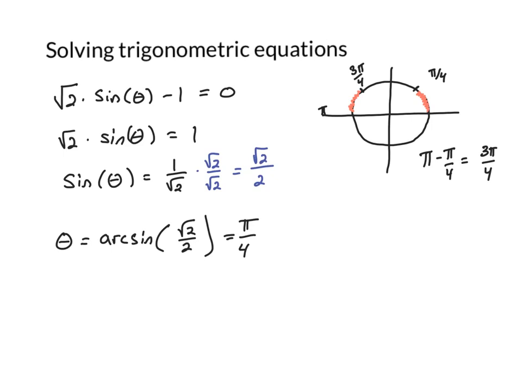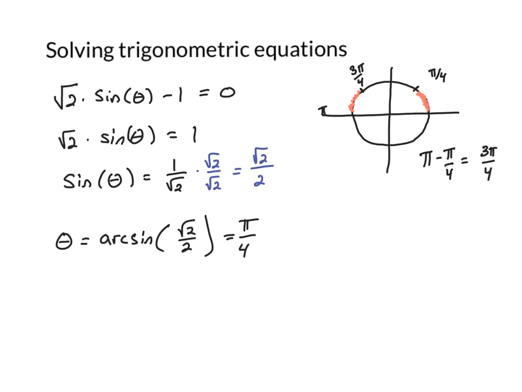I want you to think for a second: are there any more solutions to this equation? Pause the video, take a moment, think about it. Hopefully you came to the conclusion that yes, there are more solutions. Because I know that pi over 4 is a solution, but if I added 2 pi to that, I would go all the way around the circle and end up in the same spot.